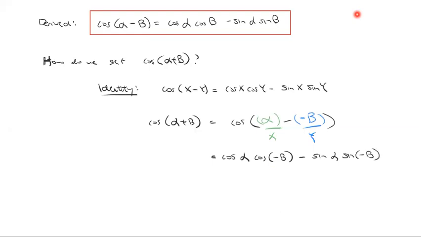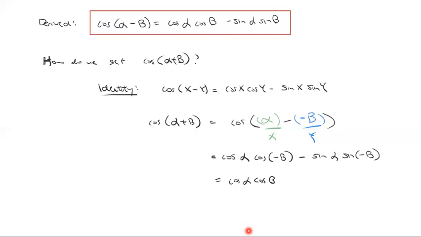Now, you may have already done the work based on what you're saying. So now we rely on what we covered last week as well. How do we do cosine of negative beta? It should be positive cosine beta.